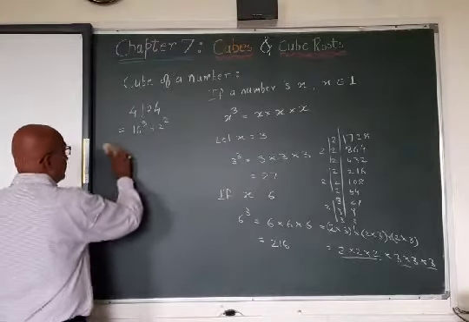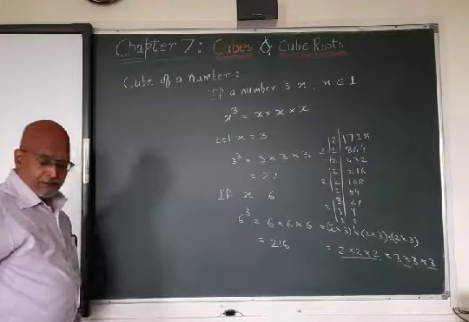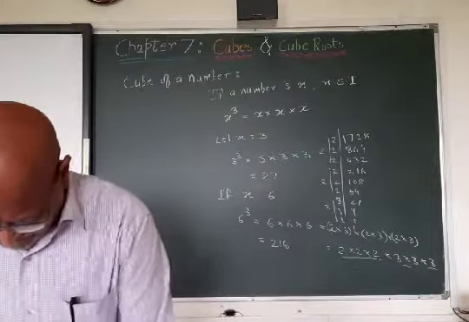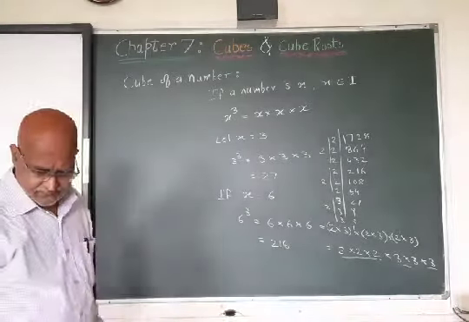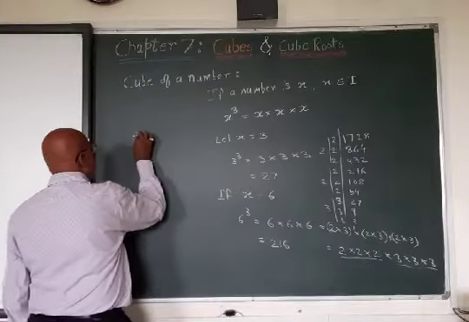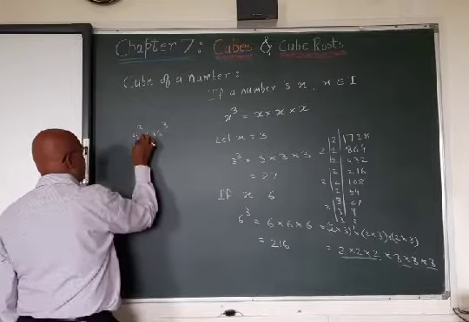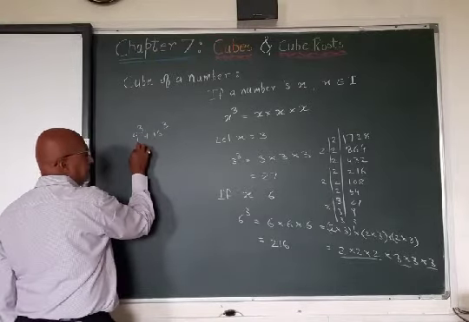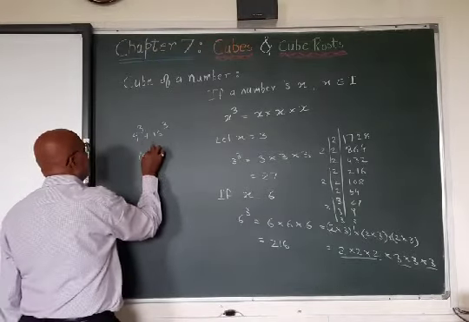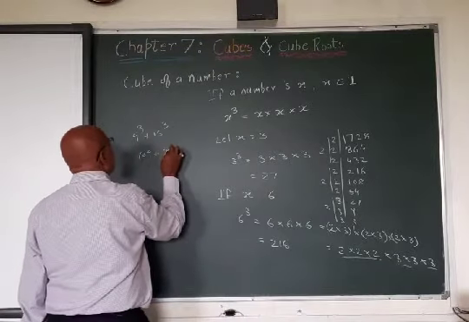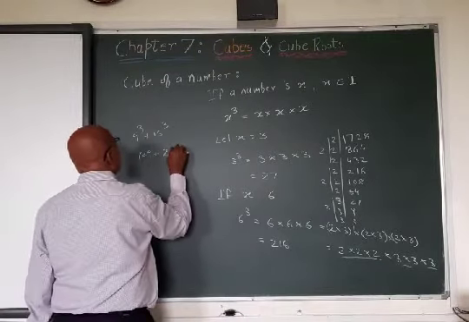There is some mystery here. There should be some different number. 9 and 15 it is. 9 cube plus 15 cube. 9 cube is 729. And 15 cube is 3375.